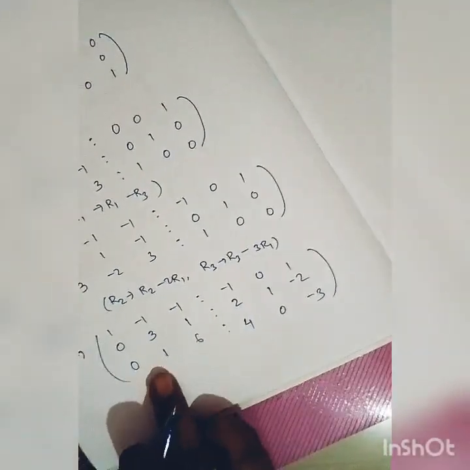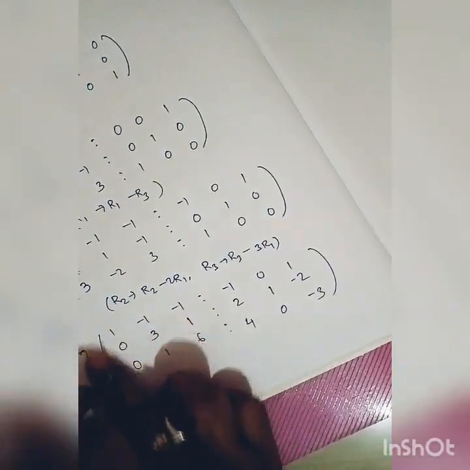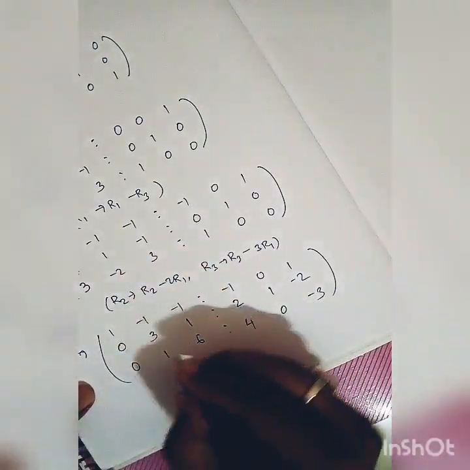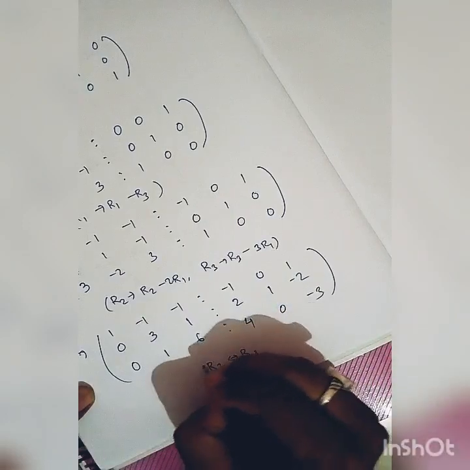Now we have to reduce this 3 to 1. If we interchange row 2 and row 3, then column 1 is unaltered. So you use the property row 2 interchange with row 3.